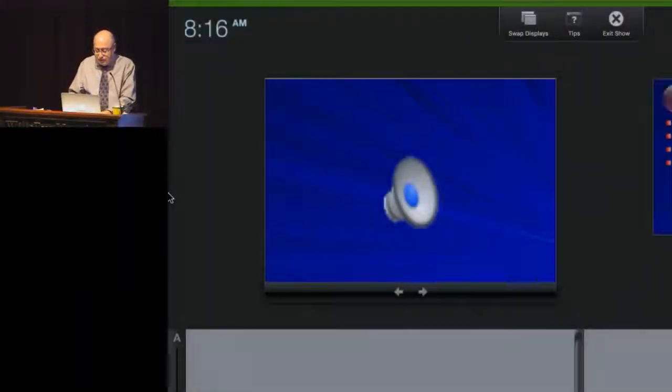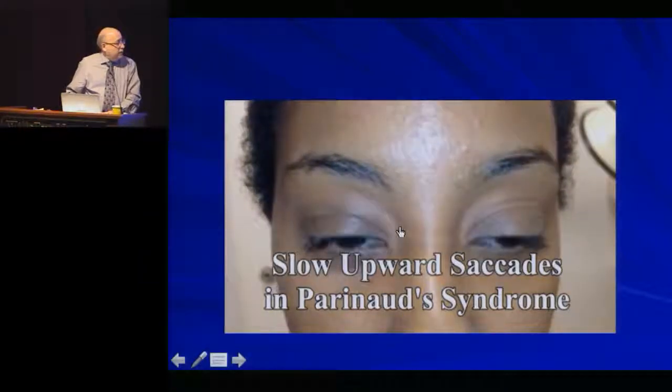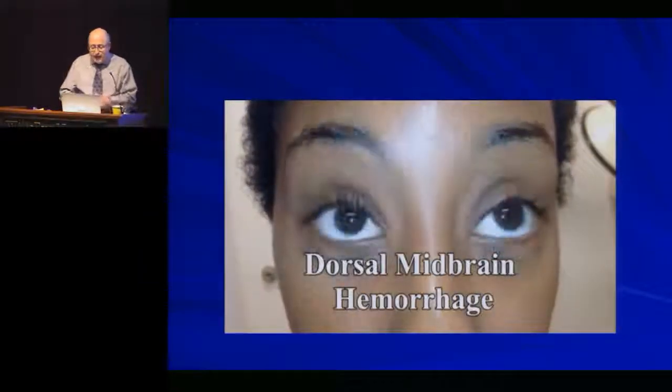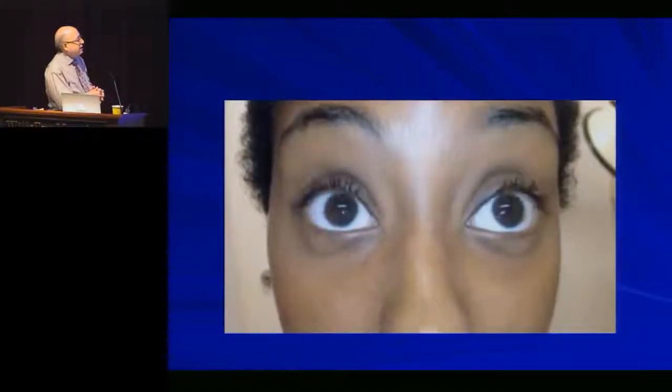So here's a patient with a lesion in the dorsal midbrain. And what you see is attempted upward saccades, which are slow, there's convergence of the eyes and retraction.